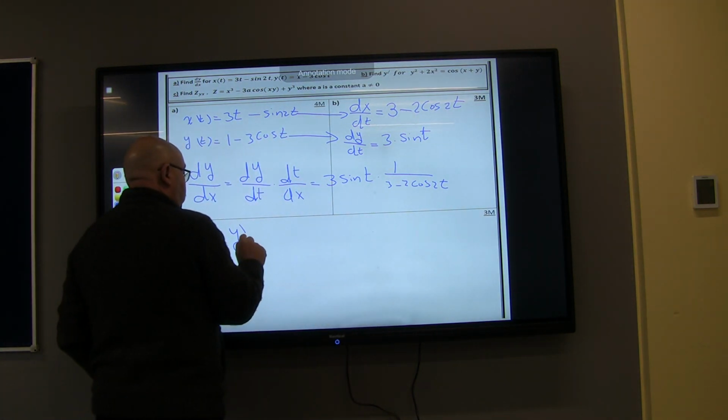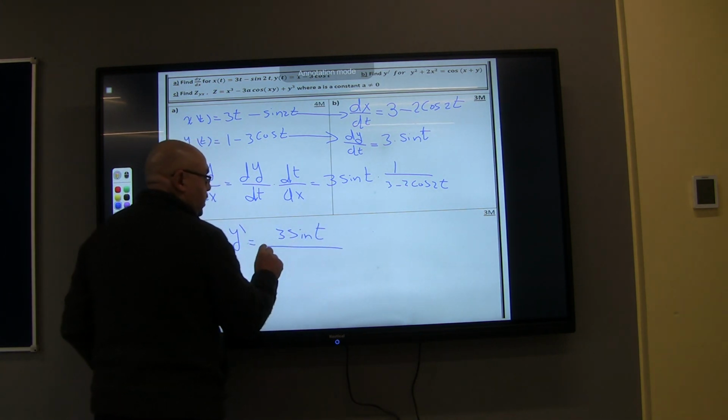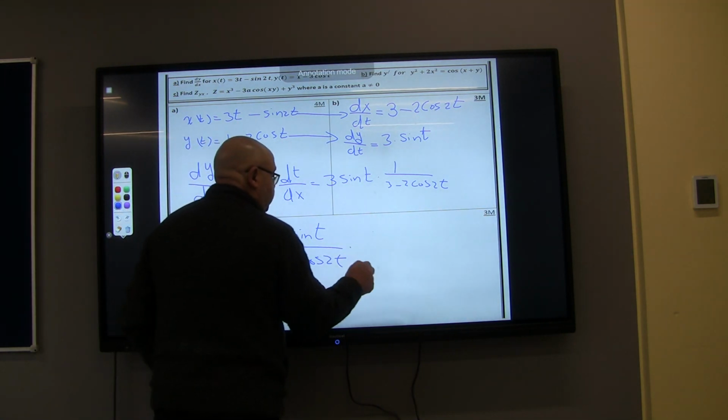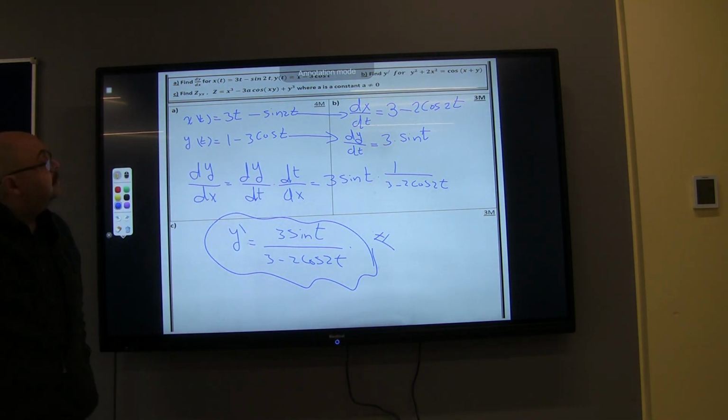And this way, y dash is going to be 3 sin t divided by 3 minus 2 cosine 2t, and this is the final answer for y dash as you can see.